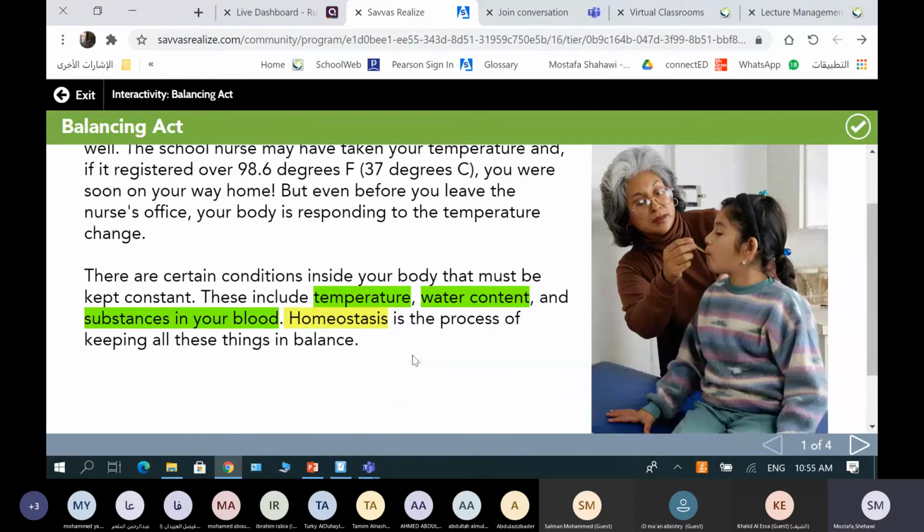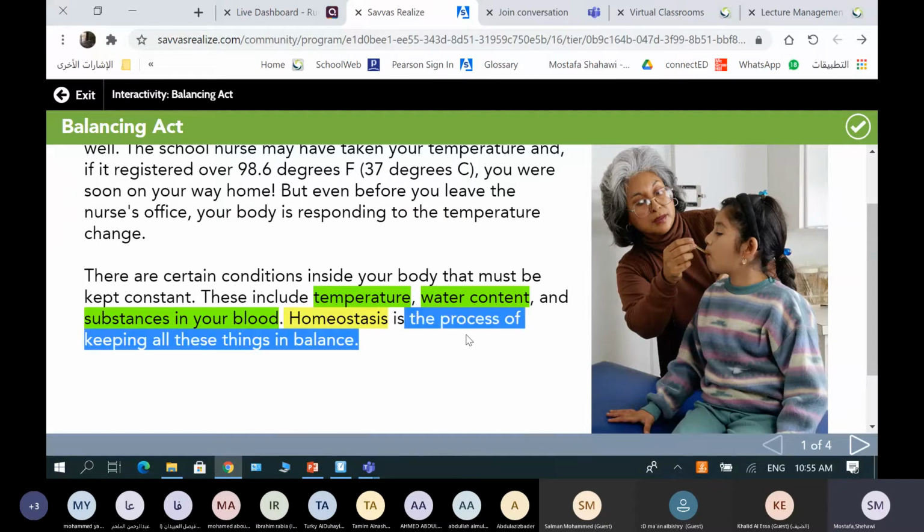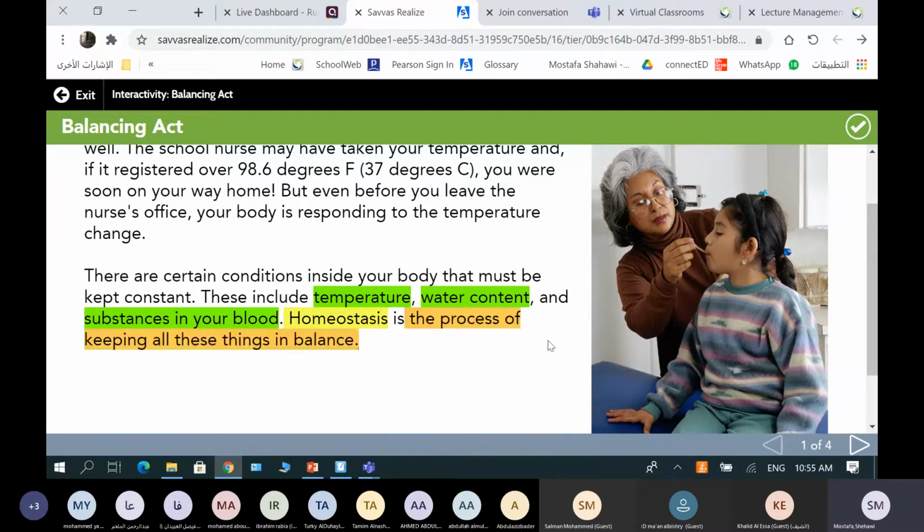Water content and the concentration of substances in your blood must also be kept within certain limits. We call this homeostasis, the process of keeping all these things in balance, and your body systems work together to do it.